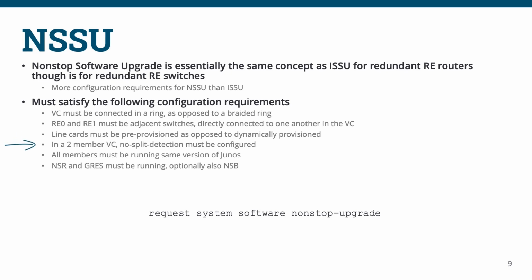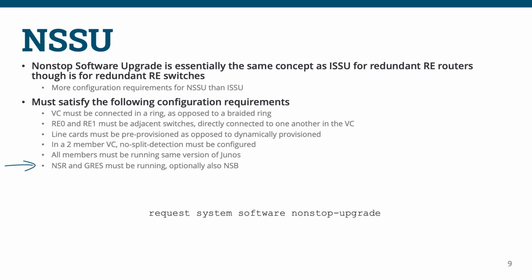In a two-member VC, the no split detection command must be configured, and all members, of course, must be running the same version of Junos. If you have an inactive switch in the stack because the software version is not the same, then NSSU will not upgrade that switch.